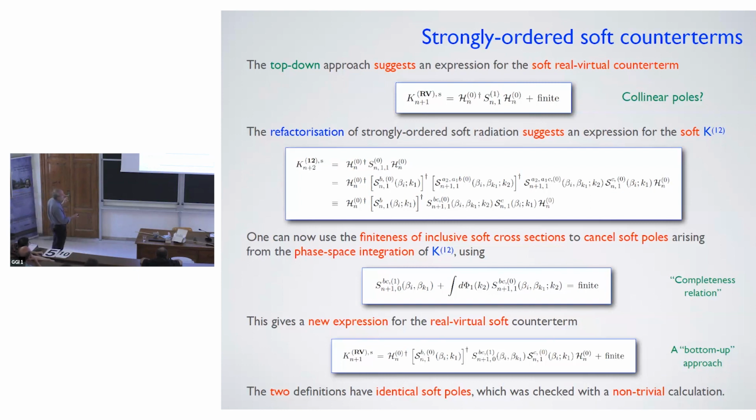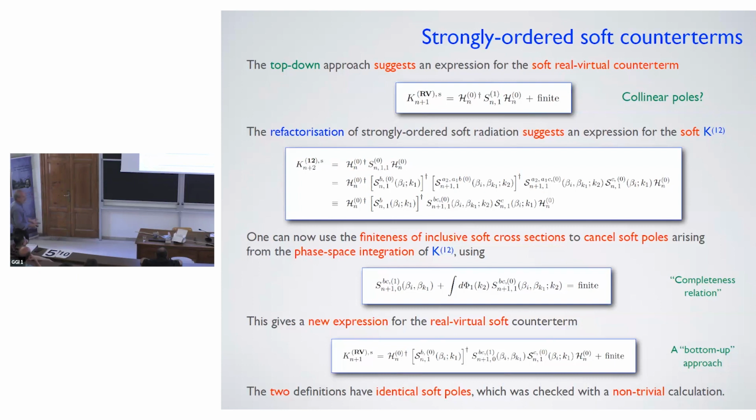So then I can invoke my completeness relation, as we call it, just for this, and leave K1 standing without touching it. So the phase space integral of this object over K2 will have poles, and these poles will be canceled. This is 1 radiation, tree level, and will be canceled by 0 radiation, 1 loop of the same object.